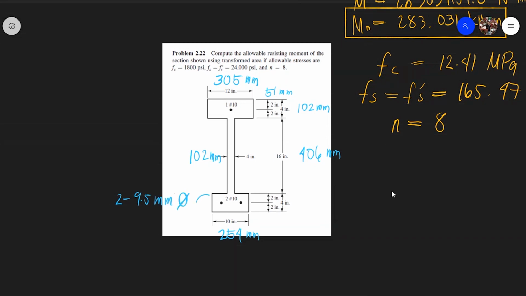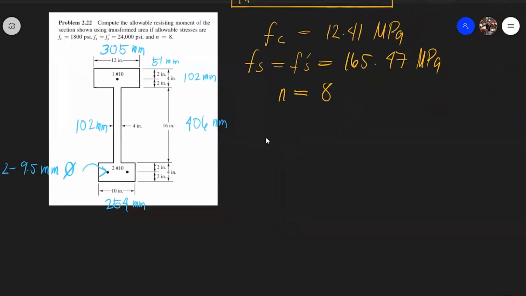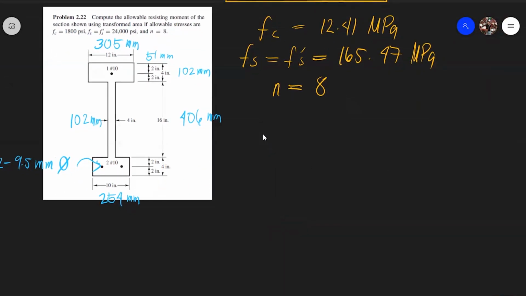Okay, so what we need to find is the allowable resisting moment of the section shown using the transformed area. So, we draw the transformed cracked section. First, before anything else, let us solve As prime.